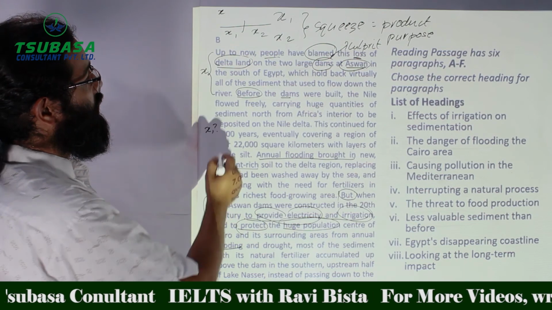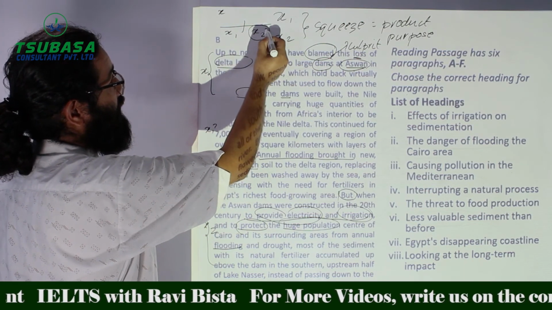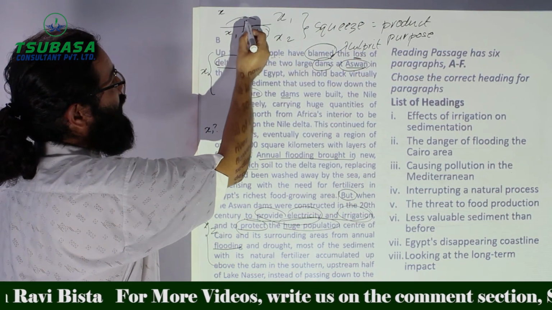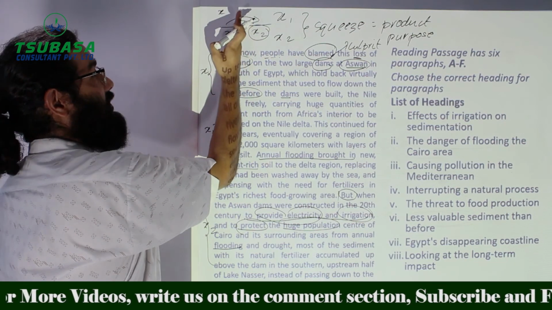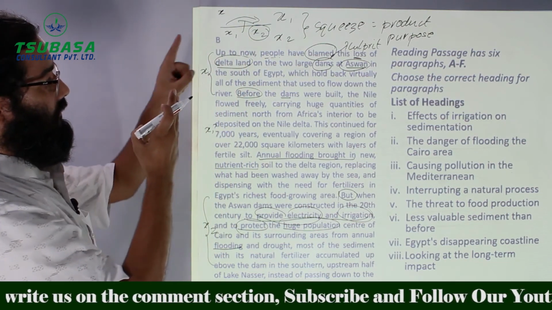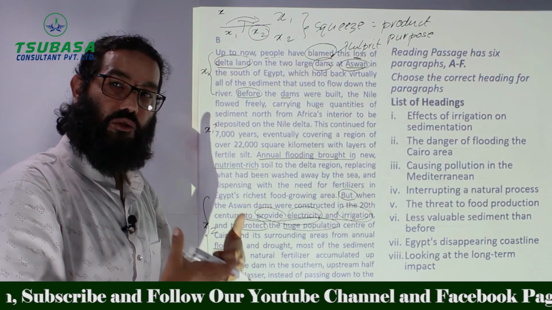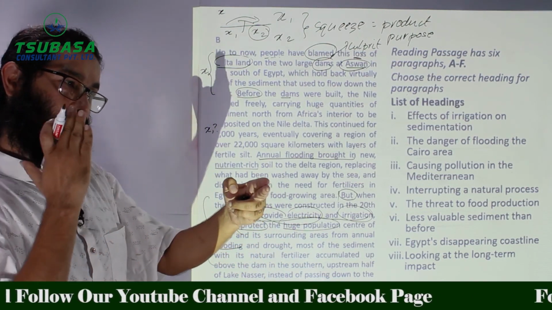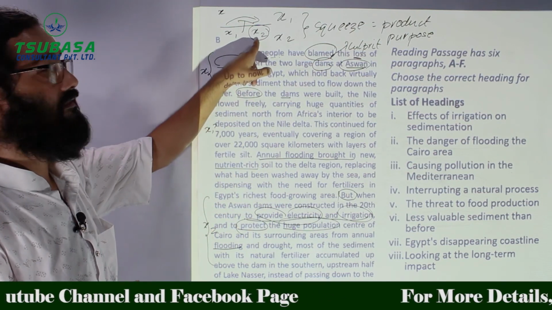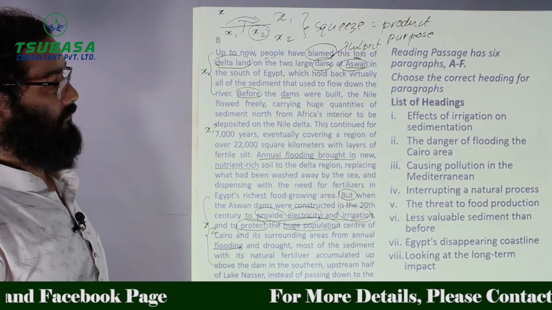But what happened was when the dam was built, this flowing thing was stopped by a dam. So the paragraph is trying to say that what was being carried out naturally has been stopped by the dam. Now let's check this out.